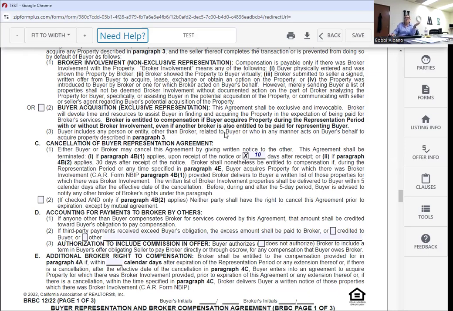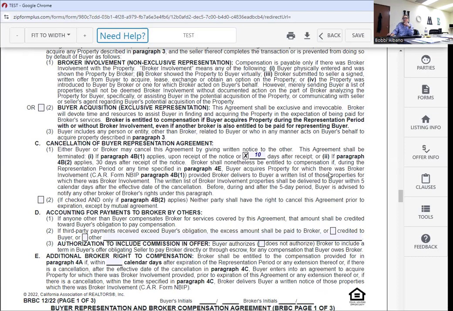So this agreement shall be terminated if it was a non-exclusive agreement and he sent you notice and 10 days has passed after notice, then the agreement is canceled. However, if it was an exclusive agreement, then 30 days after receipt of the notice. So if it was an exclusive agreement and buyer gives you notice, hey, I want to cancel, then it's canceled 30 days after the notice was given.